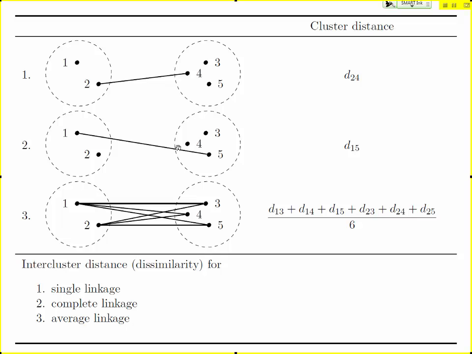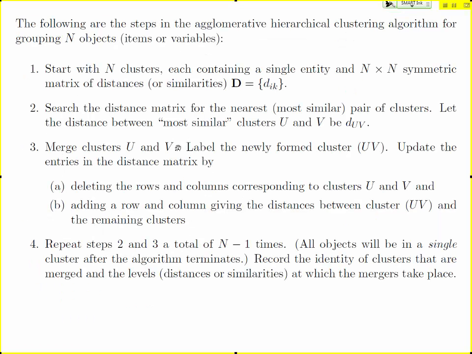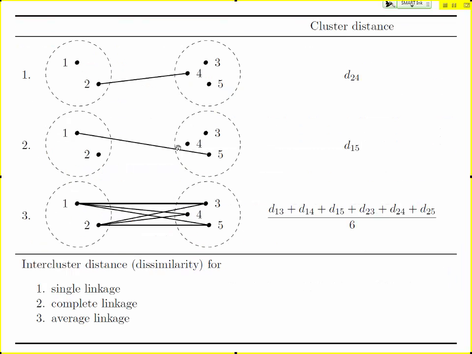So let's think about that task of comparing this cluster UV with any other individual. There's 3 common ways to proceed there. How do you define distance between one individual and a cluster containing 2 individuals? There's 3 common choices. It's referred to as the linkage, the choice of linkage in your clustering routine.